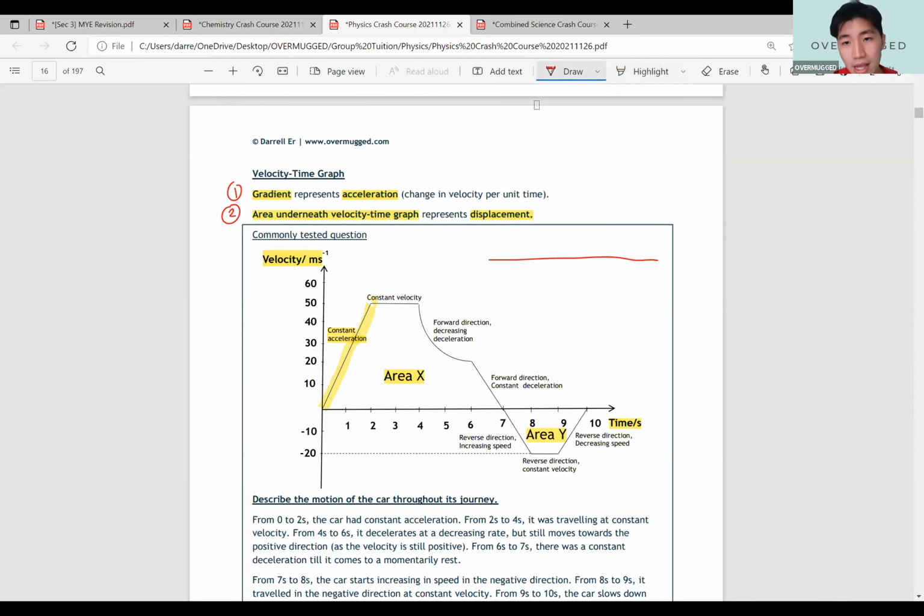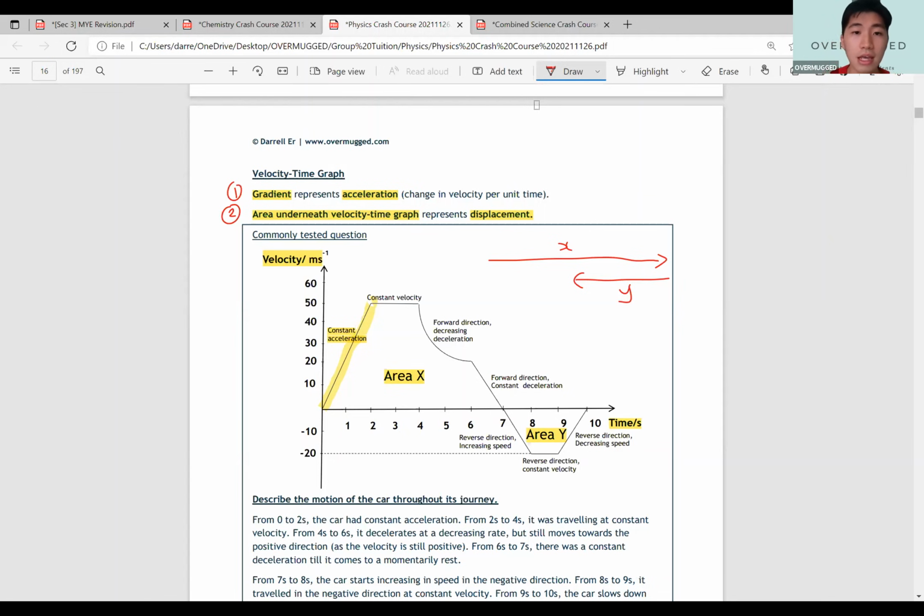AKA, the car went like that. This is x, and then it U-turns and goes back with y. If you calculate the area of x and the area of y, you can find the values respectively. So these are the 2 analyses that you need to be able to make for a velocity time graph: gradient representing acceleration and area underneath the graph representing displacement.